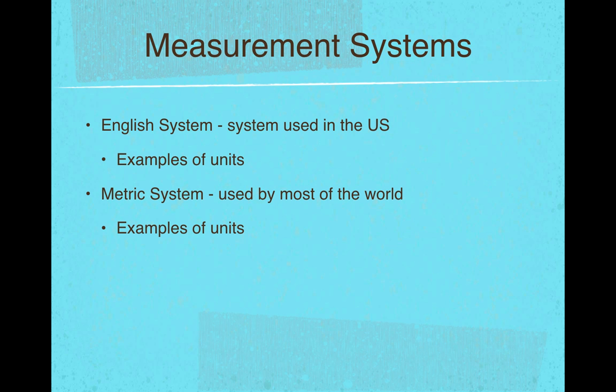Mass is in grams. So for our sake, we have 3 main units that we're going to be talking about: the gram, the meter, and the liter. We'll get more into these later, but know that those are the 3 big ones.